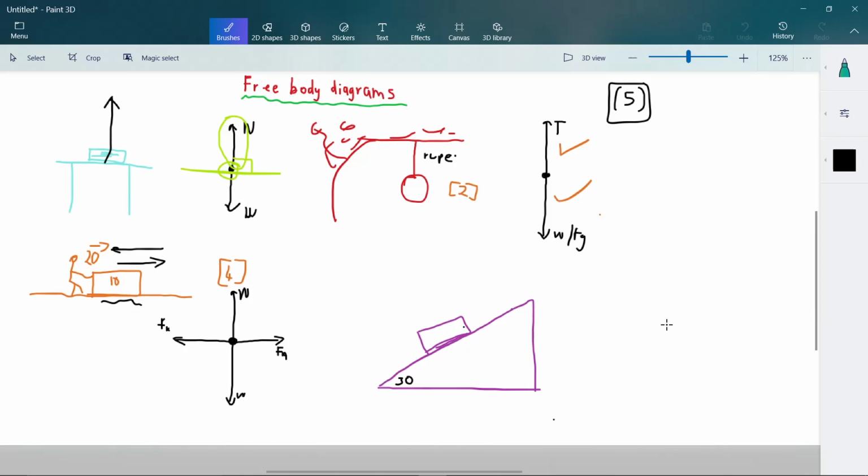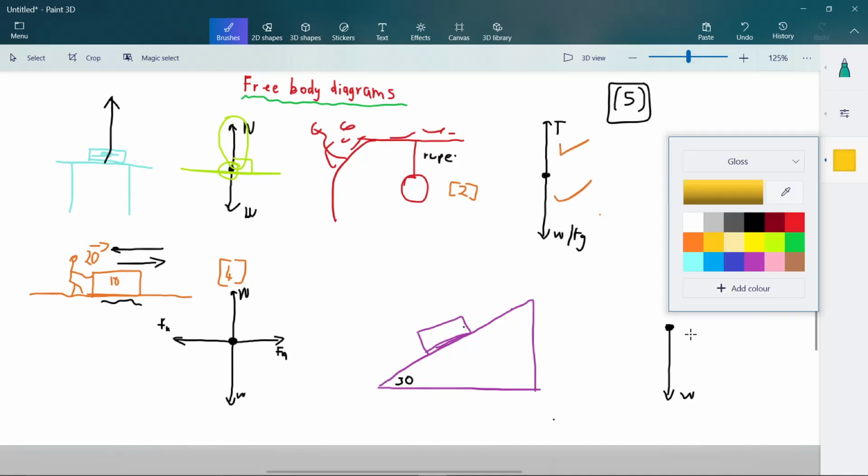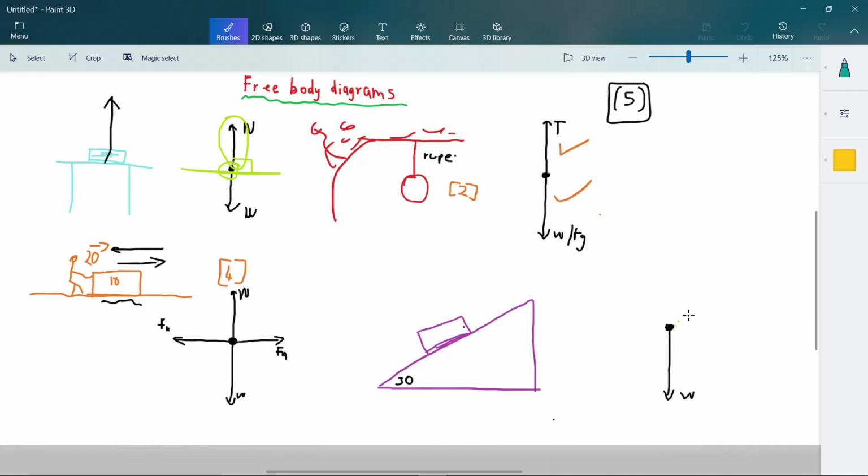First of all you need to draw a dot to represent your crate. And the first thing to do is to draw a vertical force that is facing directly downwards. It's the weight. It will always be facing directly downwards. Let me draw this line right here, which will represent the slope. You need not draw this on your free body diagrams.